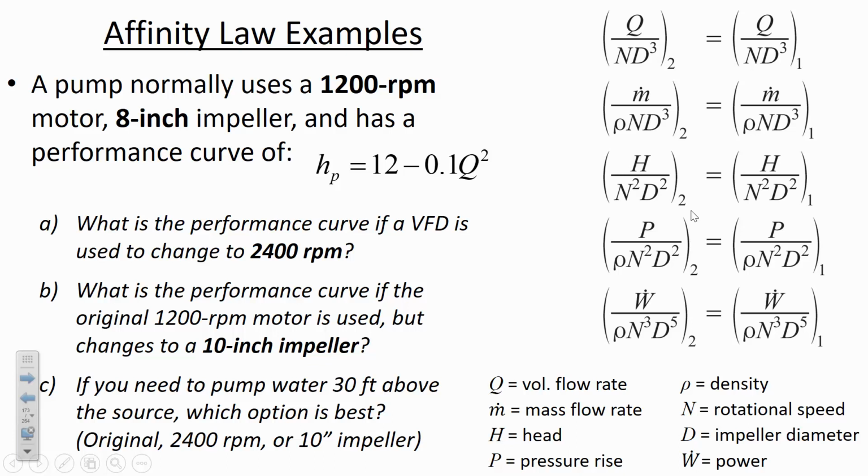Okay, so 1200 RPM was our original rotational rate. Q2 is still unknown, and N2 was the after rotational rate, and that's 2400. So what that tells us is that Q1 is 0.5 Q2.